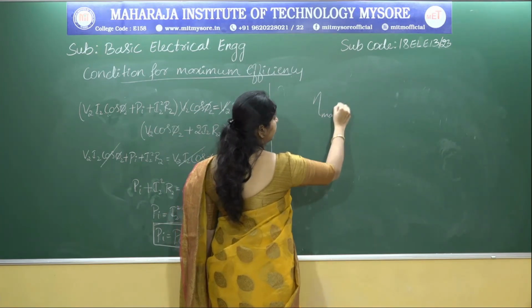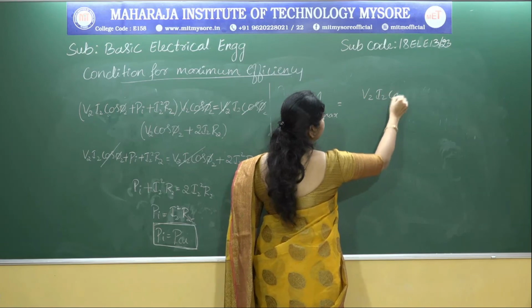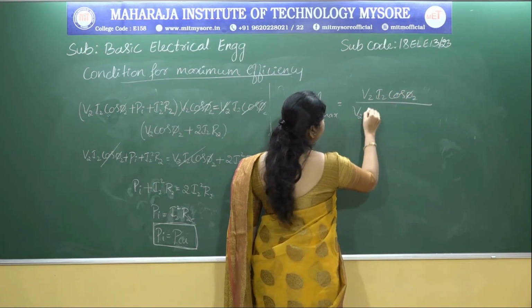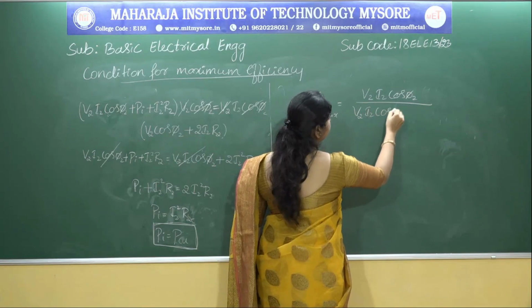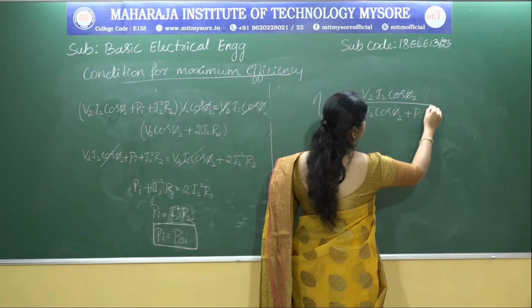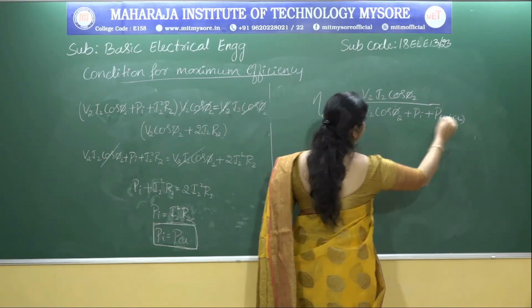So the efficiency is V2 I2 cos phi 2 divided by V2 I2 cos phi 2 plus Pi plus PCU full load.